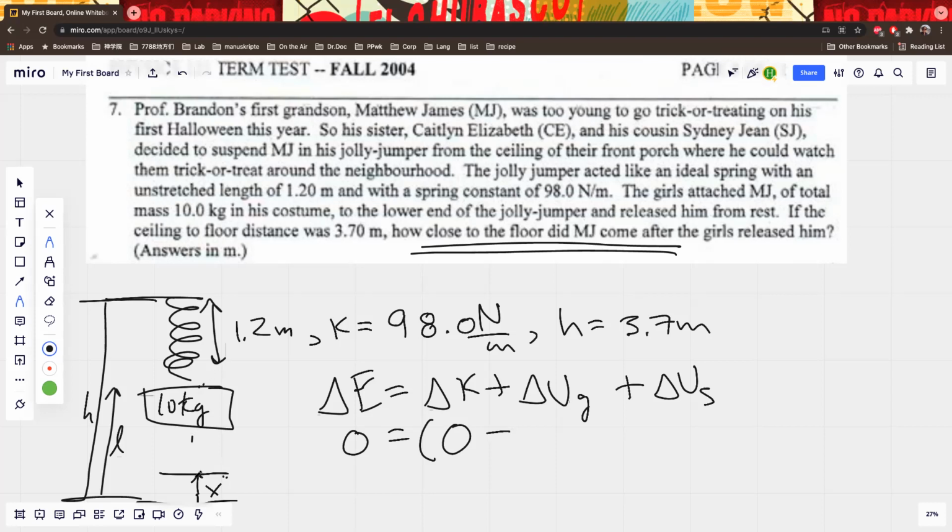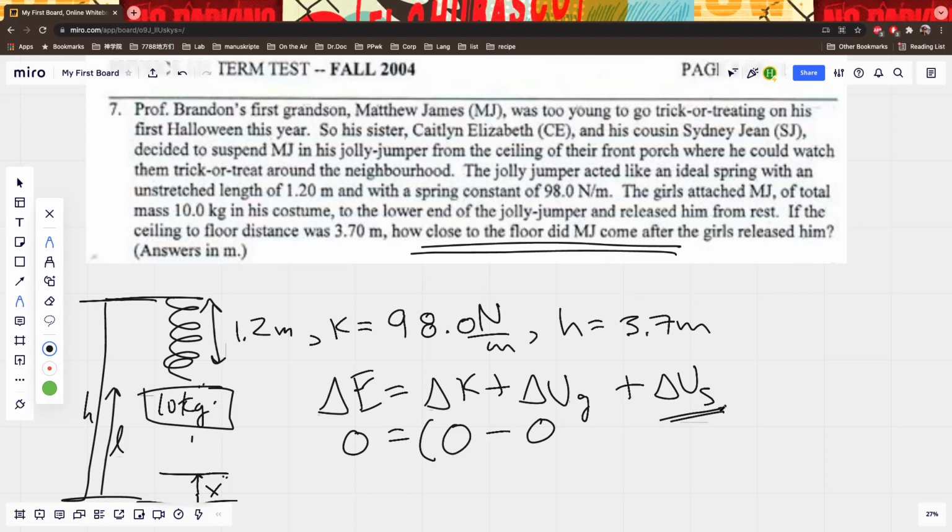So there is no kinetic energy we need to calculate. Kinetic energy is produced due to gravity, but then it's converted into spring energy. It's 0 at the bottom and 0 at the top. It's all converted to spring.